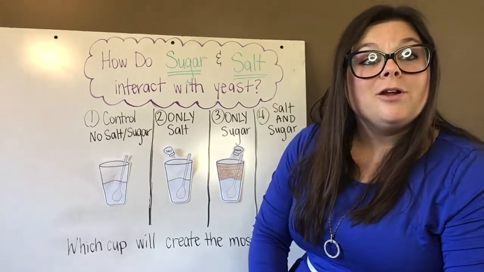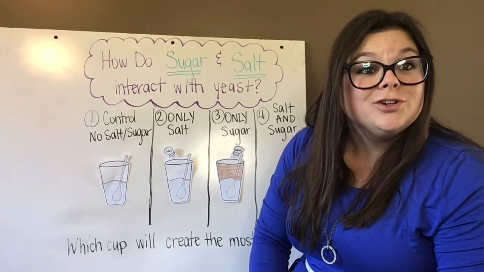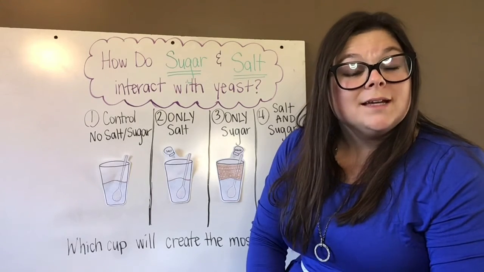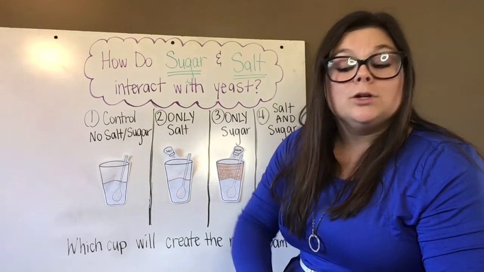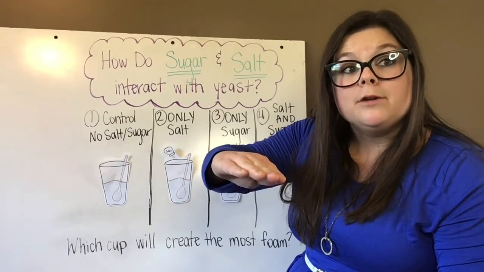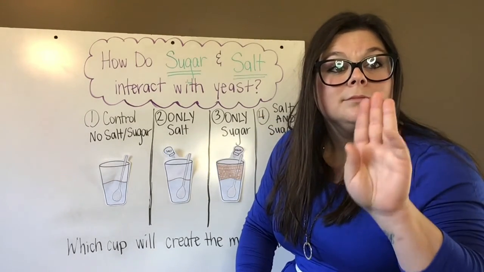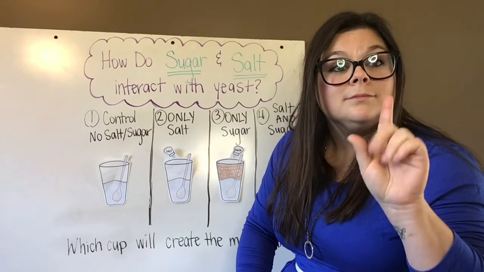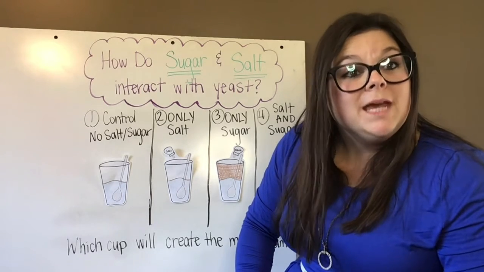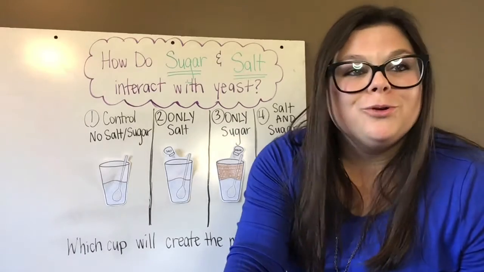Finally, let's talk about our last glass that has salt and sugar inside of it. Take 5 seconds to make your predictions. Is it going to be no foam, a medium amount of foam, or a lot of foam? If you said a medium amount of foam, then you are correct.